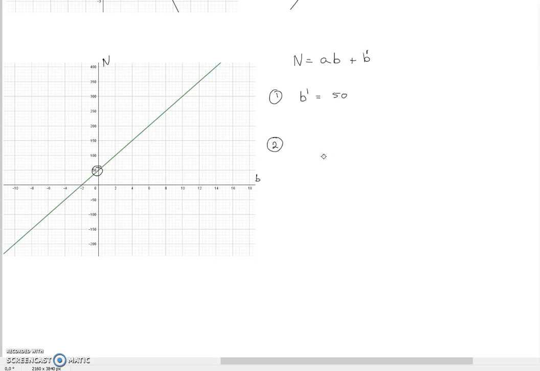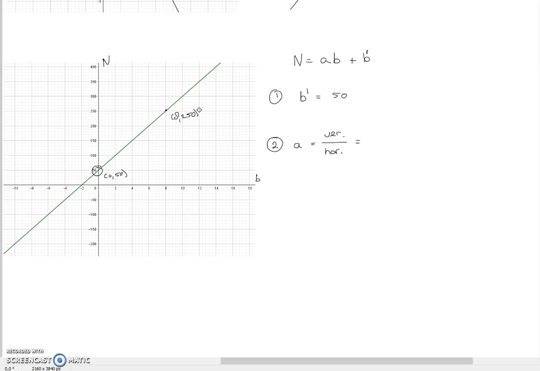Step 2 is finding the gradient. So we have to find 2 points. Well, 0, 50 is a good example, and maybe 8, 250. So then the vertical distance divided by the horizontal distance becomes, and now we have to pay a little more attention because we can't just count the squares like we did before, because the scale is not the same on both axes.